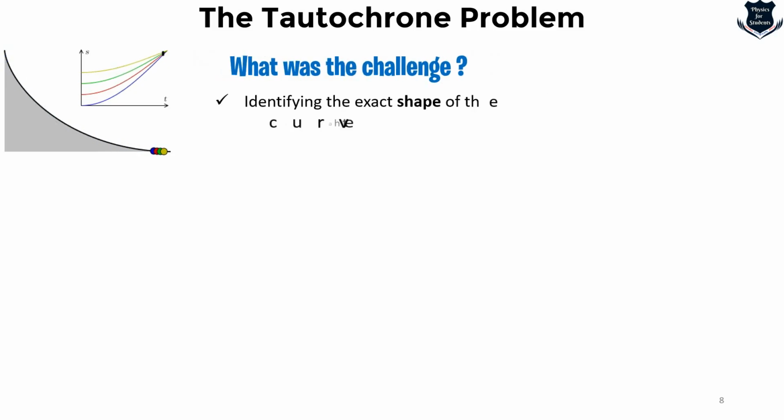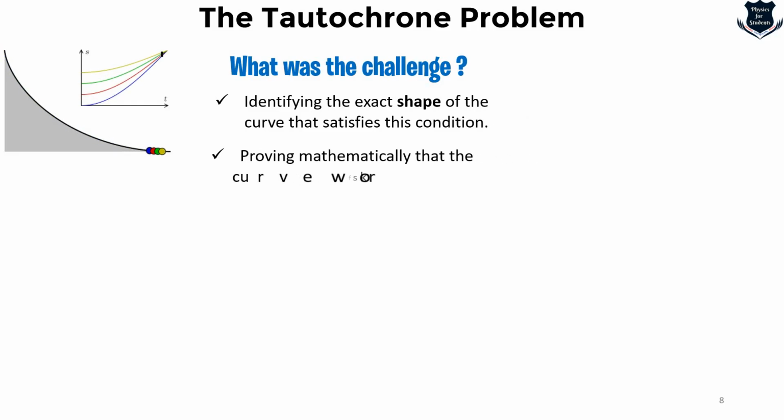The challenge was basically to identify the exact shape of the curve that satisfies this condition, and to prove mathematically that the curve works for any starting point. That means this problem could not be solved with simple geometry as processed analytically by Leonhard Euler. It required new tools to analyze motion and forces in a much more abstract way.